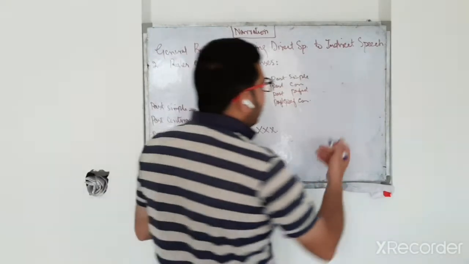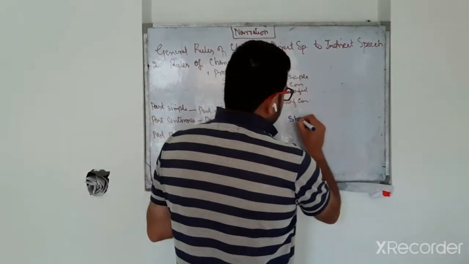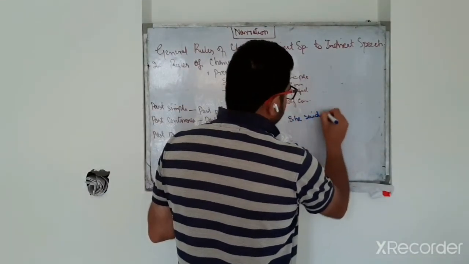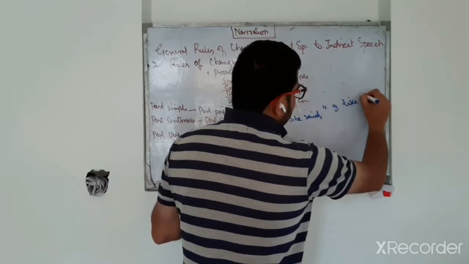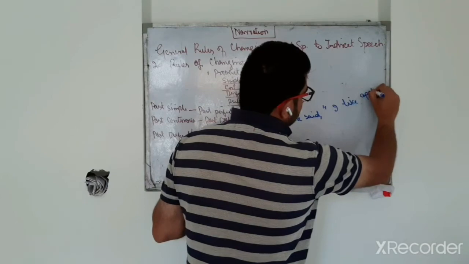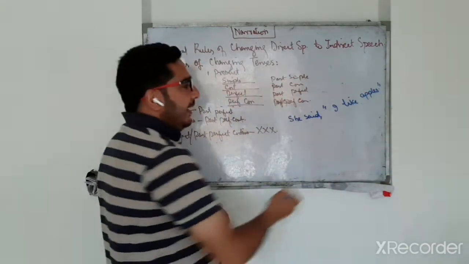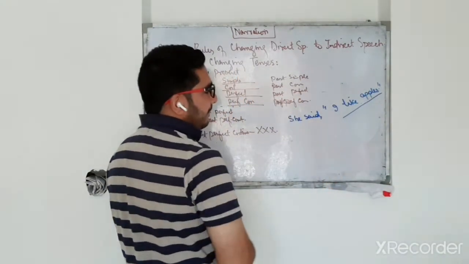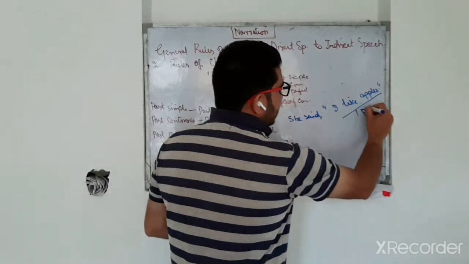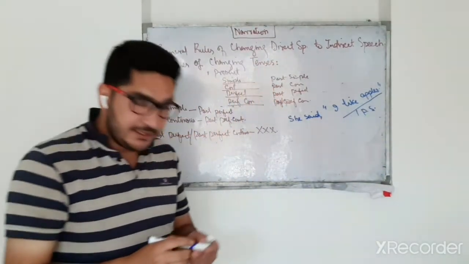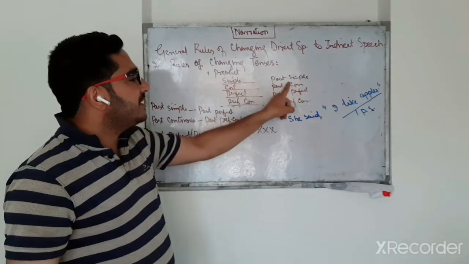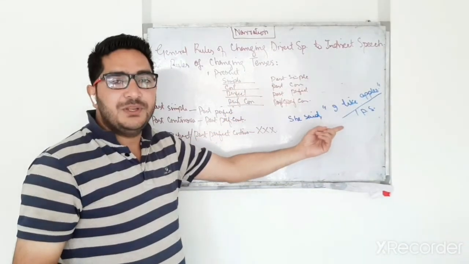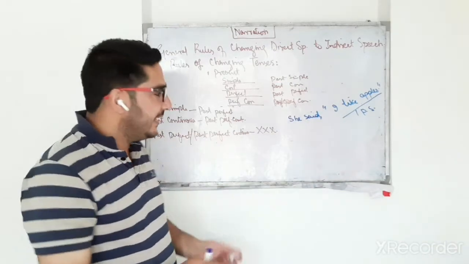For example, we have a sentence: She said, I like apples. What kind of sentence is this? This is a present simple sentence. So the rule is that present simple is changed into past simple when we change a direct sentence into an indirect sentence.